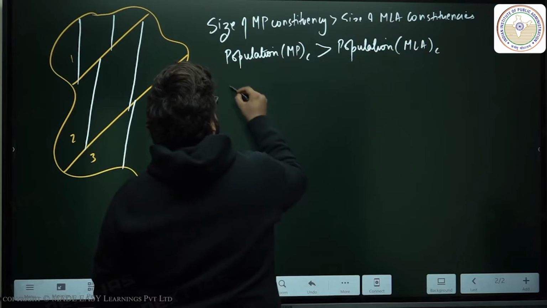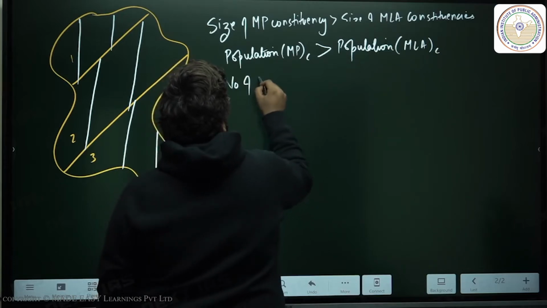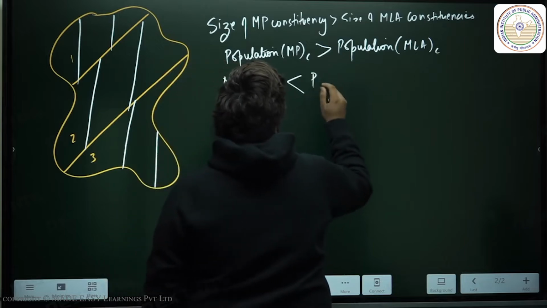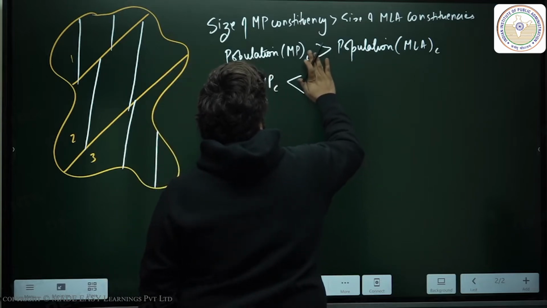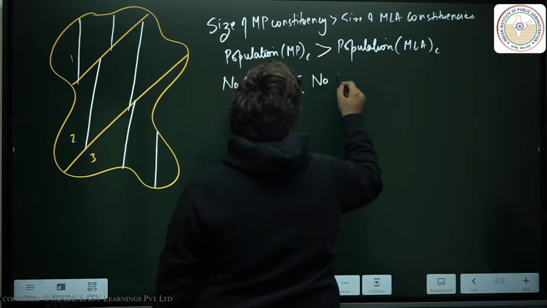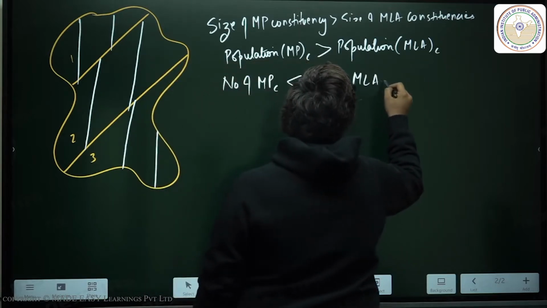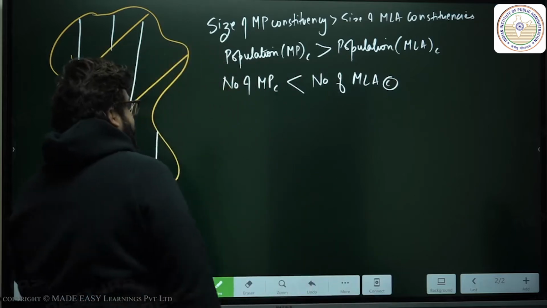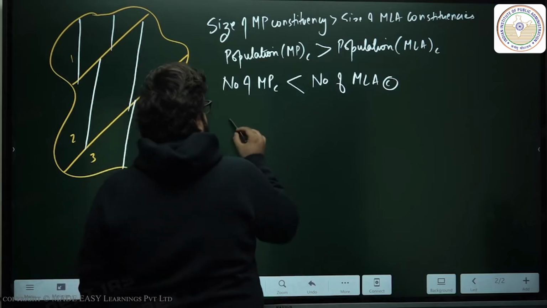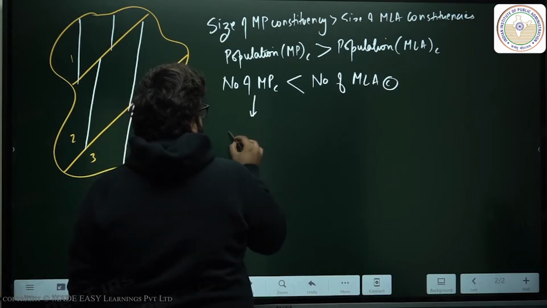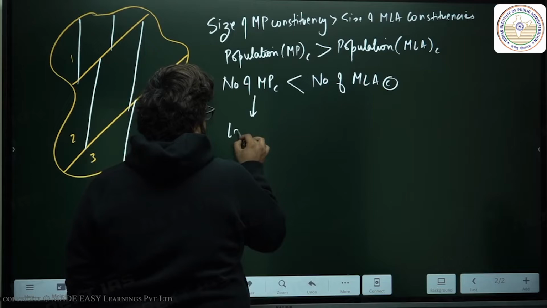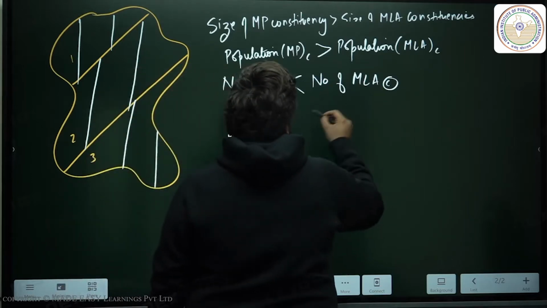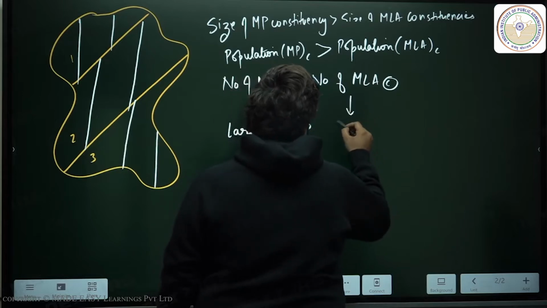This also means that the number of MP constituencies will always be smaller than the number of MLA constituencies, right? And this also means that an MP constituency is going to have a larger number of people within itself than MLA constituencies.